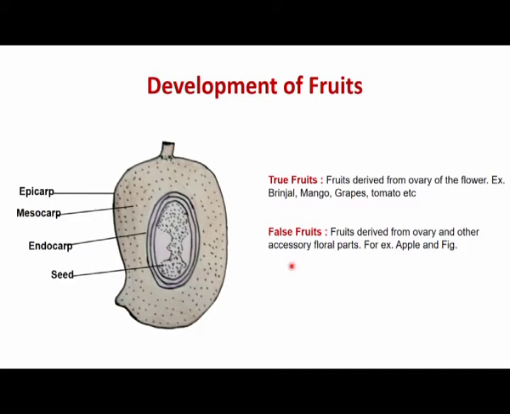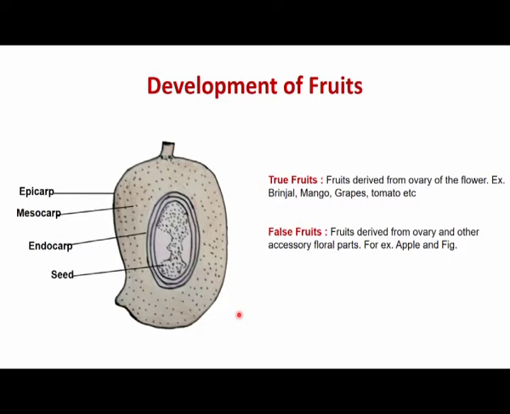After receiving this stimulation from the pollination as well as from the seed, the ovules present inside the ovary are transformed into the seed, and the wall of the ovary is transformed into the pericarp. Technically there are two different types of fruits formed in the angiospermic plant. One is called the true fruit.